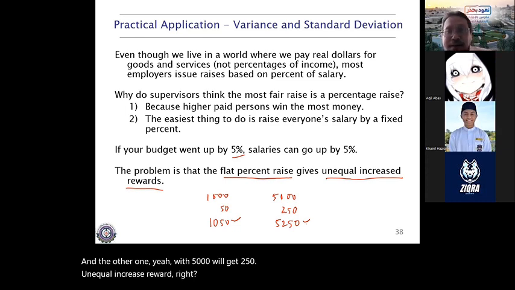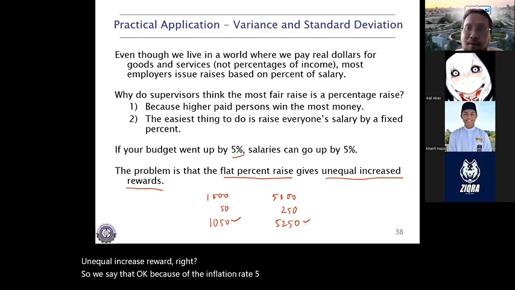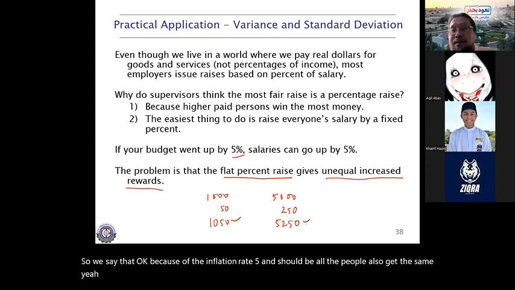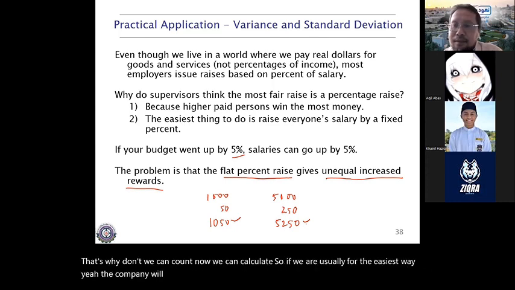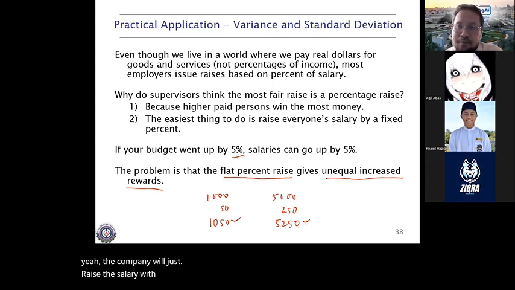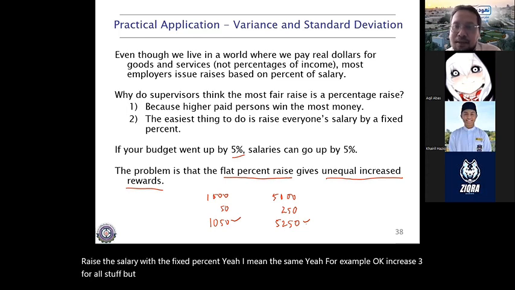So if we say that, okay, because of the inflation rate of 5%, all the people should also get the same. Not really the same, but a fair amount. So that's why we can calculate. Usually the easiest way is that the company will just raise the salary by a fixed percent, for example, increase 3% for all staff, but it will give an unequal increase for the staff.